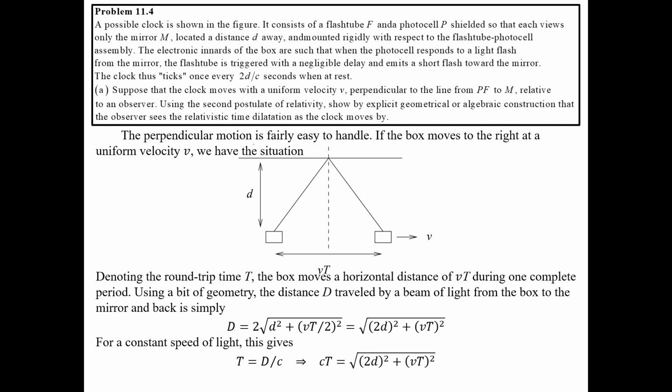Using a bit of geometry, the distance traveled by a beam of light from the box to the mirror and back is simply the square root of (2d) squared plus (vt) squared. For a constant speed of light, this gives ct equals the square root of (2d) squared plus (vt) squared.